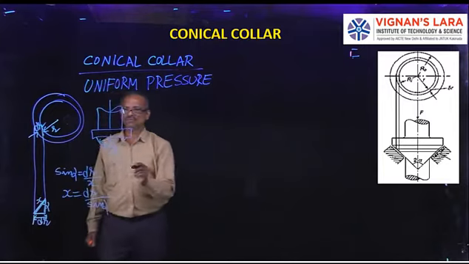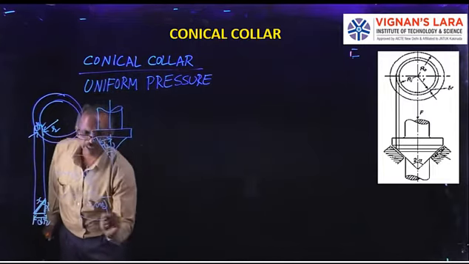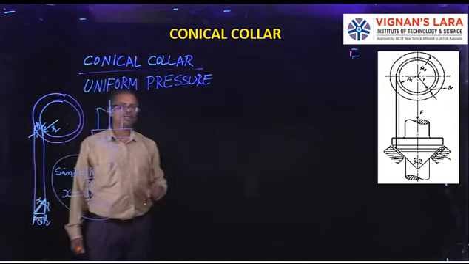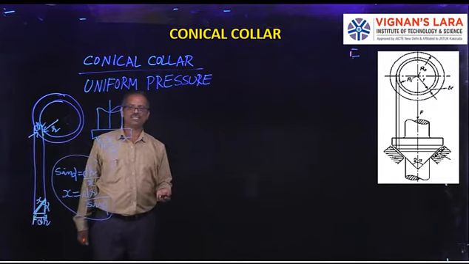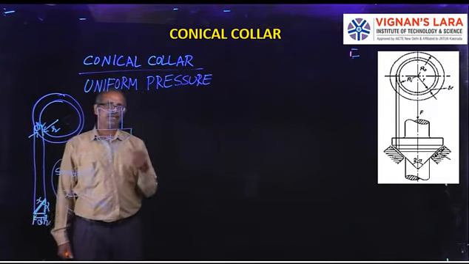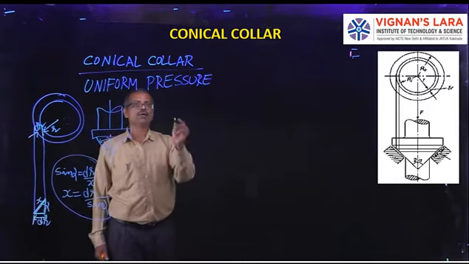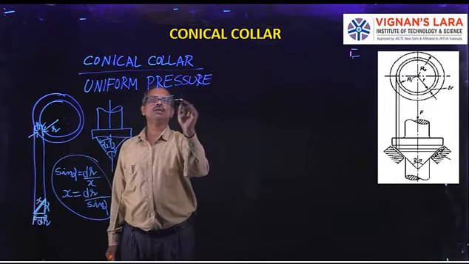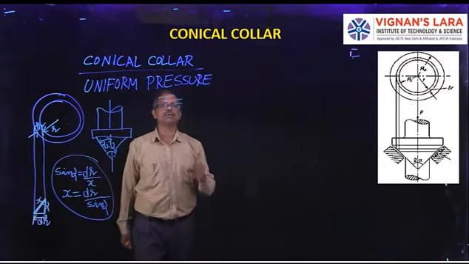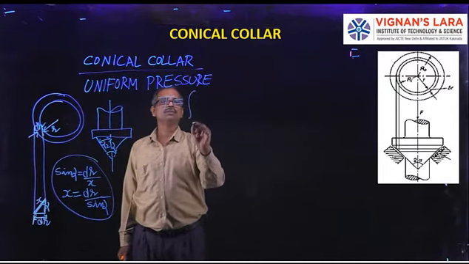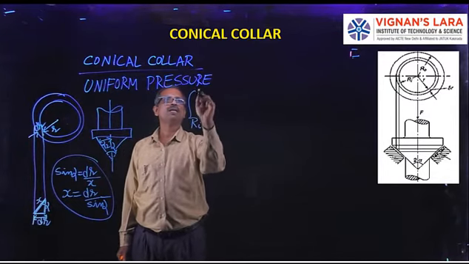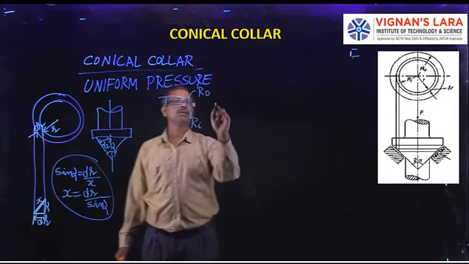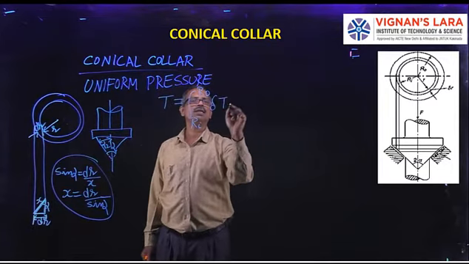If you are clear about this concept, then you can easily derive this equation. There is nothing in it unlike the previous case. So the total torque, I will write, is the integral from ri to r naught of delta T dr.